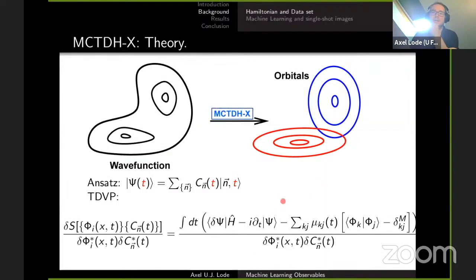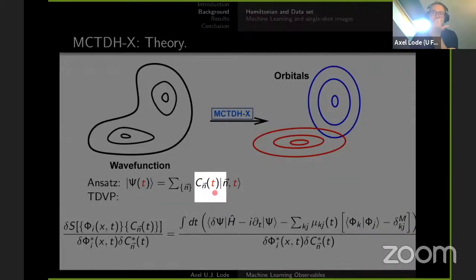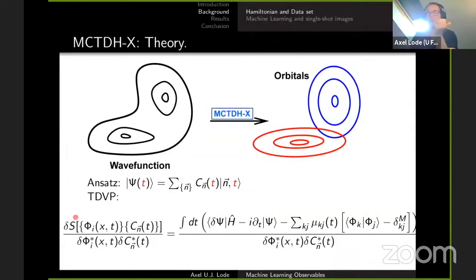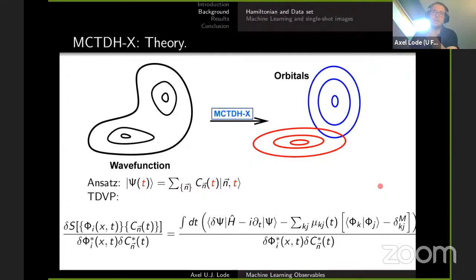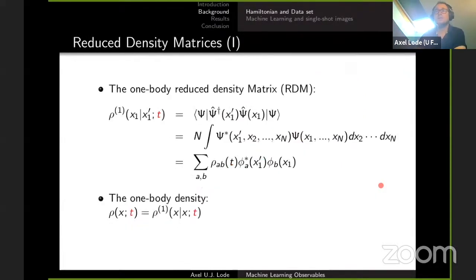The weights are these coefficients, and these products of orbitals form symmetrized states. Then we just use the variational principle and derive equations of motion, which are complicated, but we can solve them numerically. This allows us to get a fairly accurate prediction of the true many-body state, and we can also simulate single-shot images from this state. I will discuss that later.